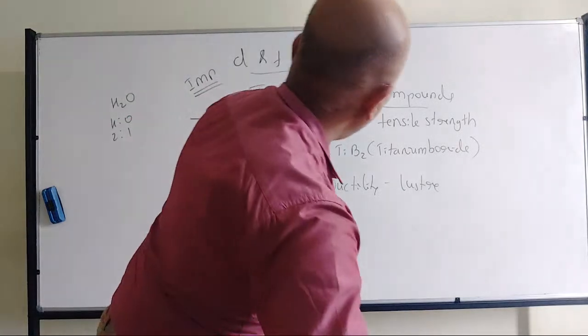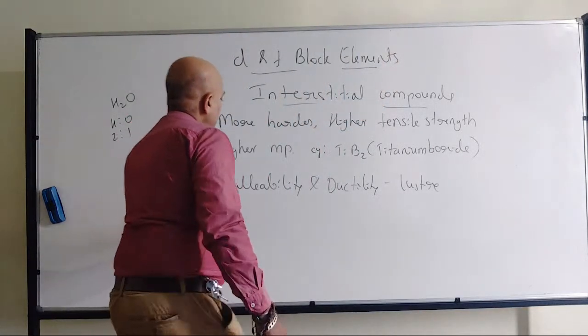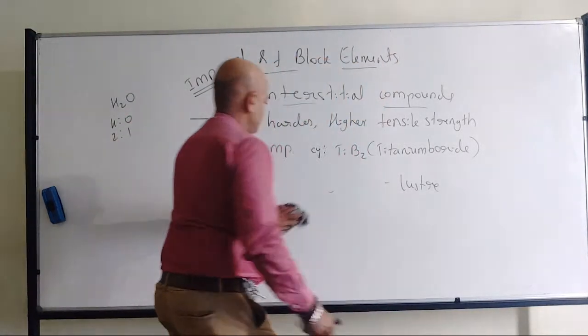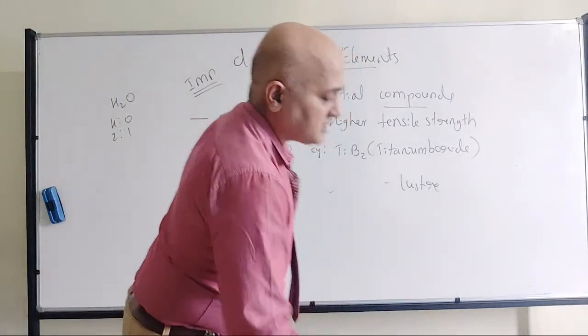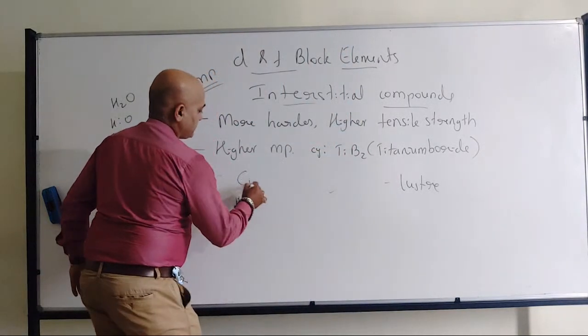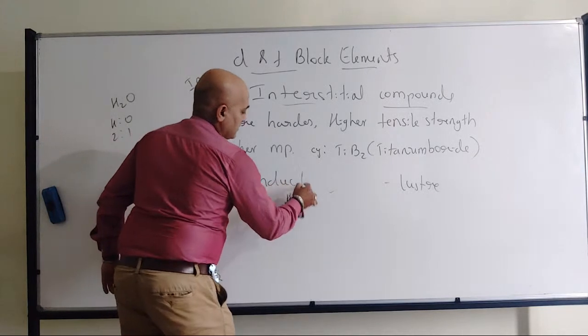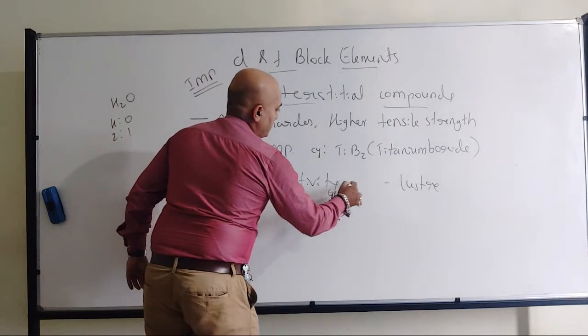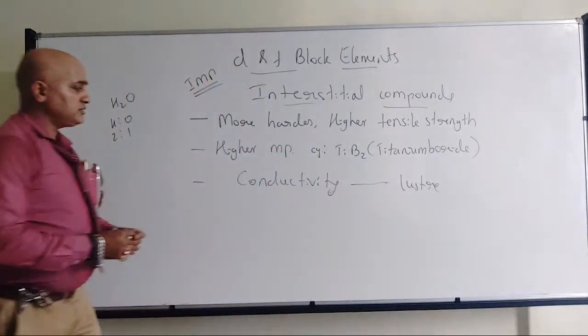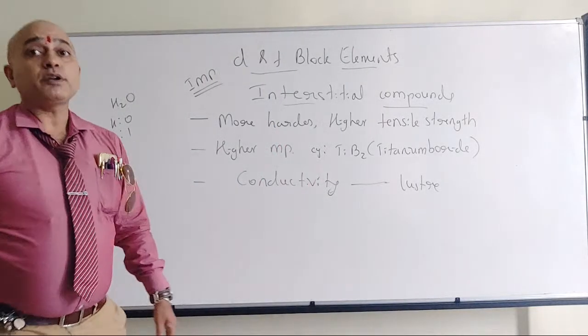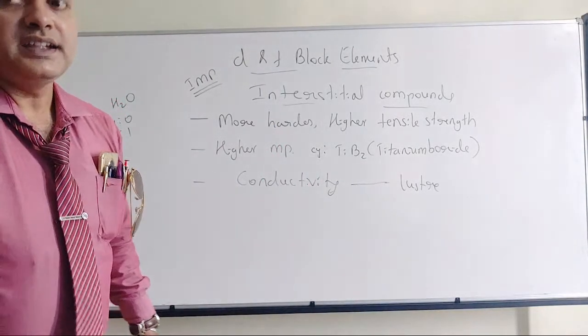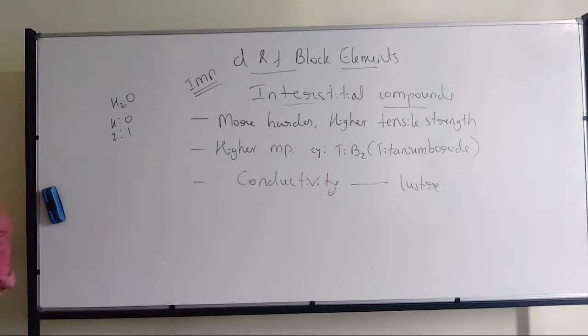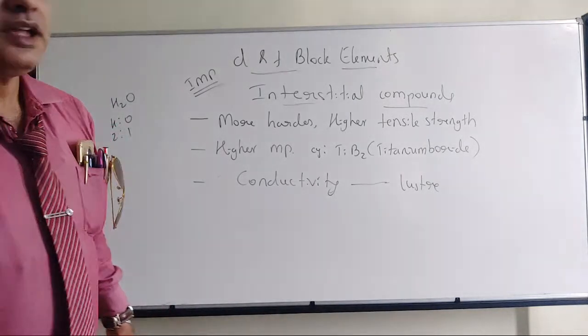Along with malleability and ductility, we can tell conductivity. Lustrous and conductivity. All these properties are present. There is no change with respect to these properties which are present in the transition elements. Okay, that's where we have the property.